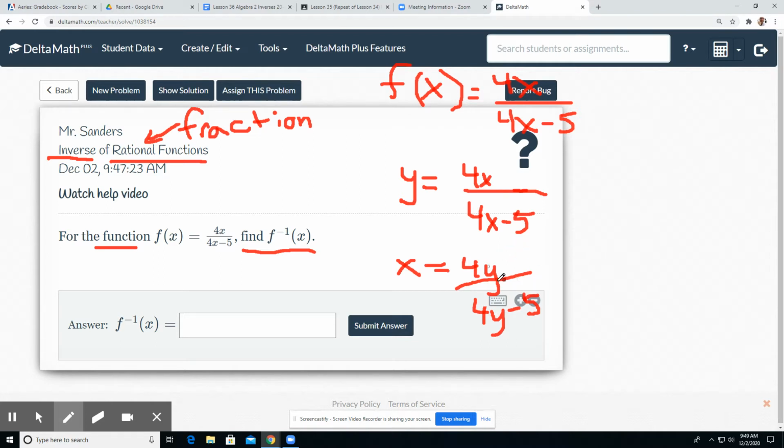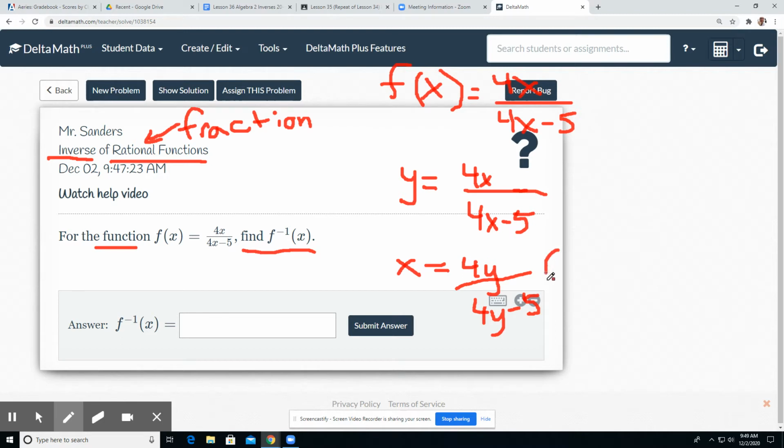Already I can see it's going to be a little bit tricky because we have several y's involved here. Usually our technique is we want to put them together in some way and see if anything happens that way. So let's start moving things over and get rid of these rationals.